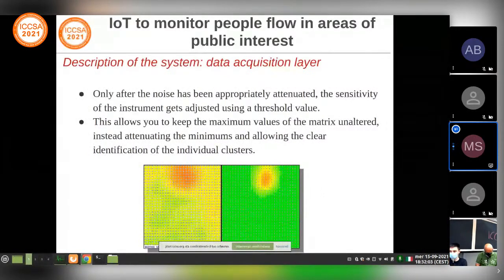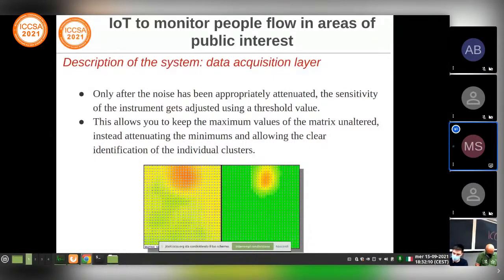Only when the noise has been attenuated, we worked on the instrument's sensitivity, which we modified using a threshold value, as in the picture. This procedure lets us hold the highest values of the matrix, attenuate the minimums, and identify the individual clusters.